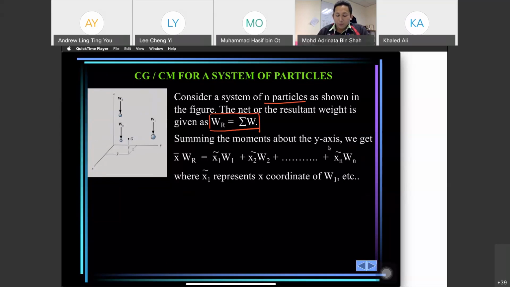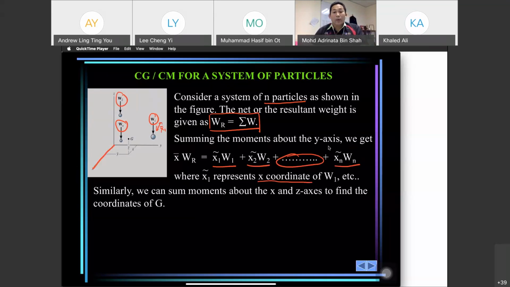Summing the moments about the y-axis, we have x1 w1, x2 w2, up to xn wn for all of the particles, where x1 bar represents the x coordinate of w1.